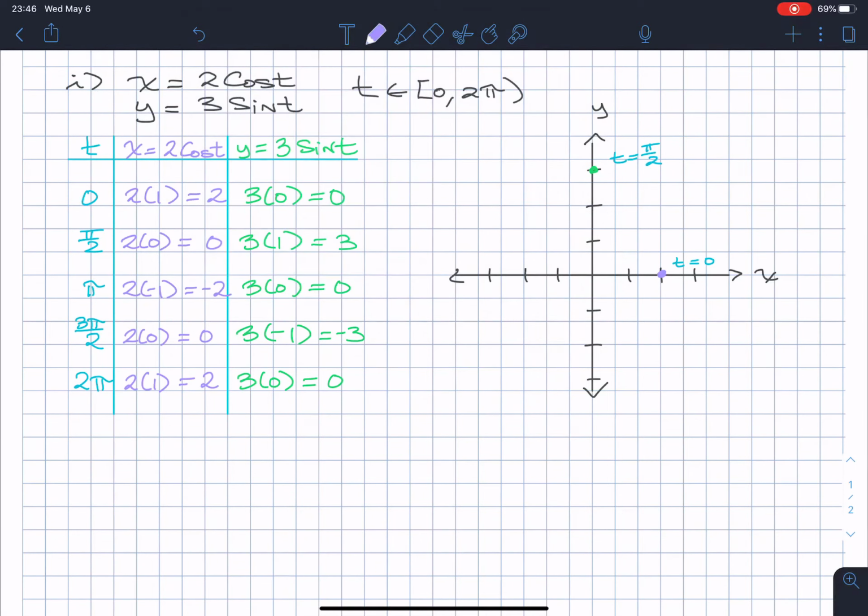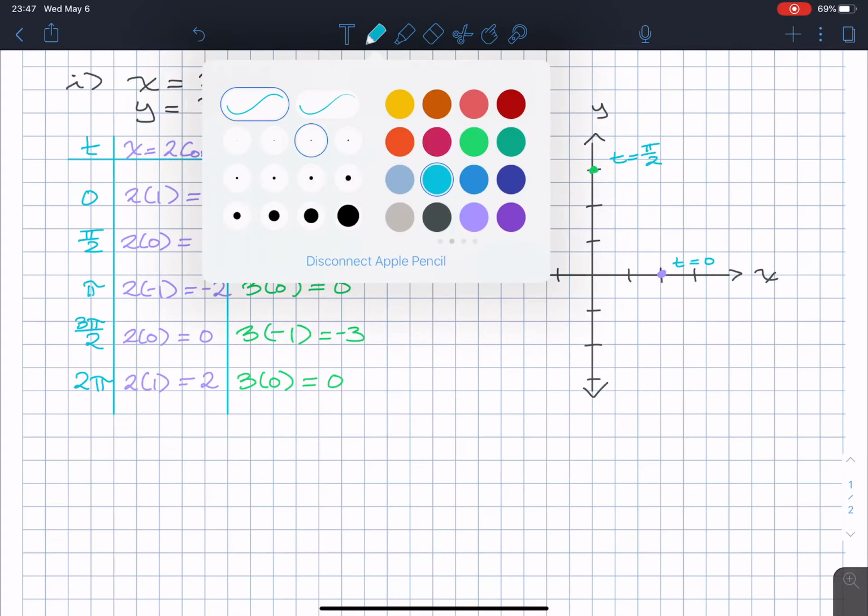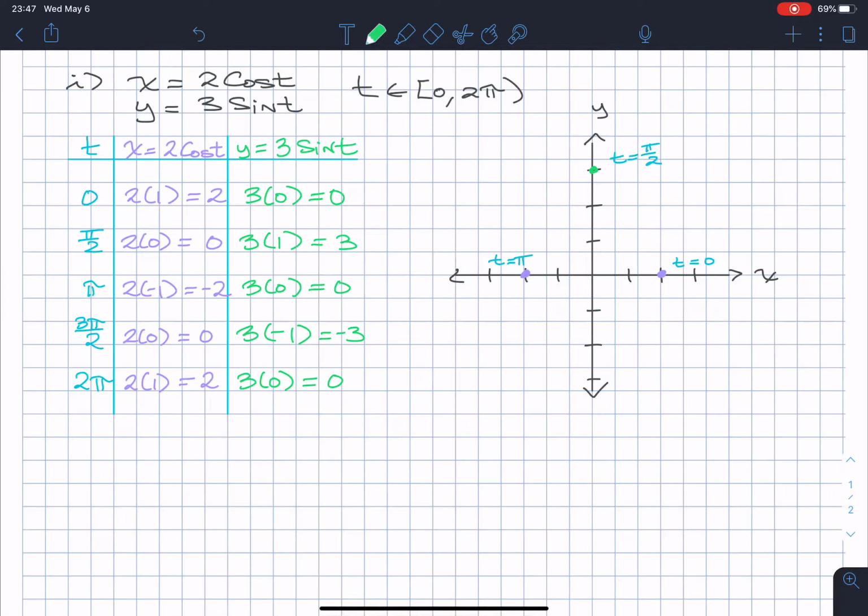My next is at negative 2, 0. So this is when t is equal to pi. And the next point is at 0, negative 3, and this is when t is equal to 3 pi over 2. And then I come full circle to 2, 0.